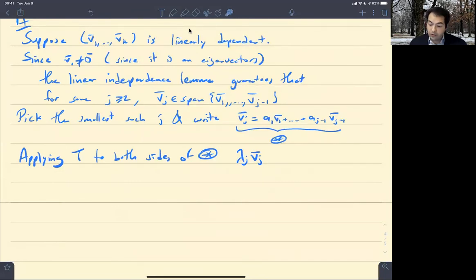So when I apply T to this side, because it's a linear combination, I end up with the linear combination of what I get by applying T to these vectors, which multiplies each vector by the corresponding eigenvalue. So I get a lambda 1 there, and over here I would get a lambda j minus 1.